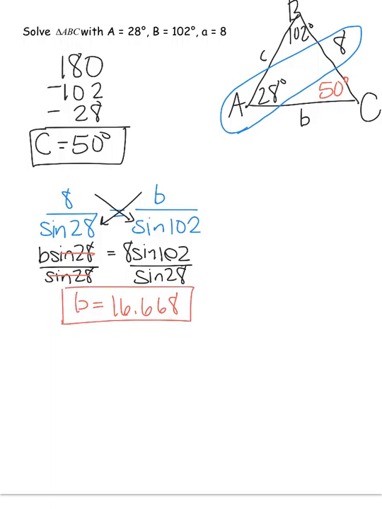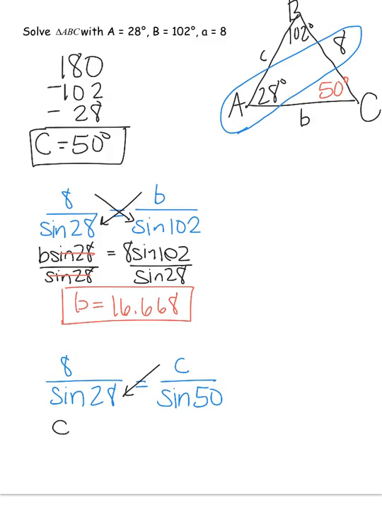Okay, and then we can use our anchored fraction again, the one we know both numbers for, 8 over sine 28. And now we don't know side c. So we'll place c over sine of angle C, which is 50 degrees. And we'll repeat our steps. c times the sine of 28 is equal to 8 times the sine of 50.